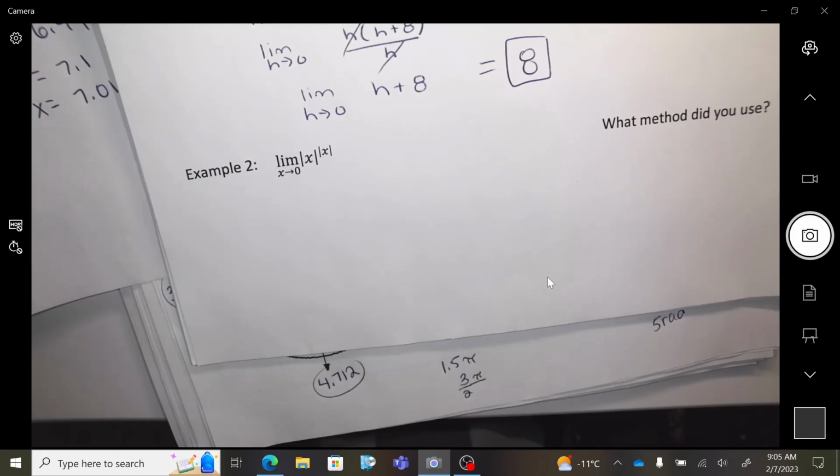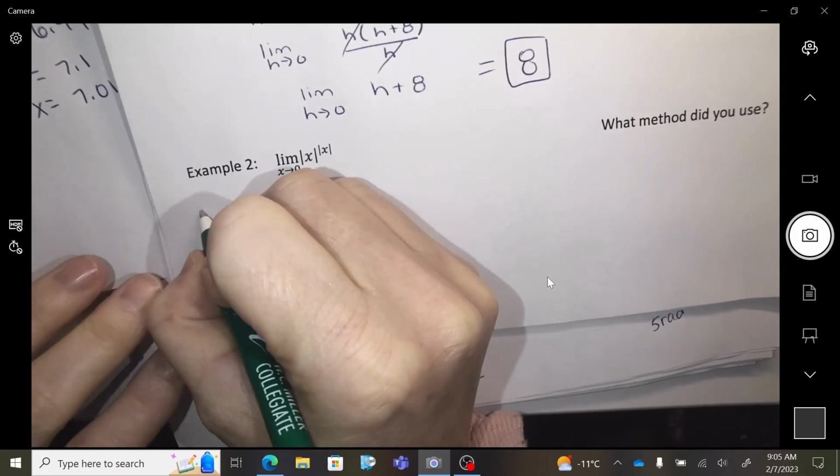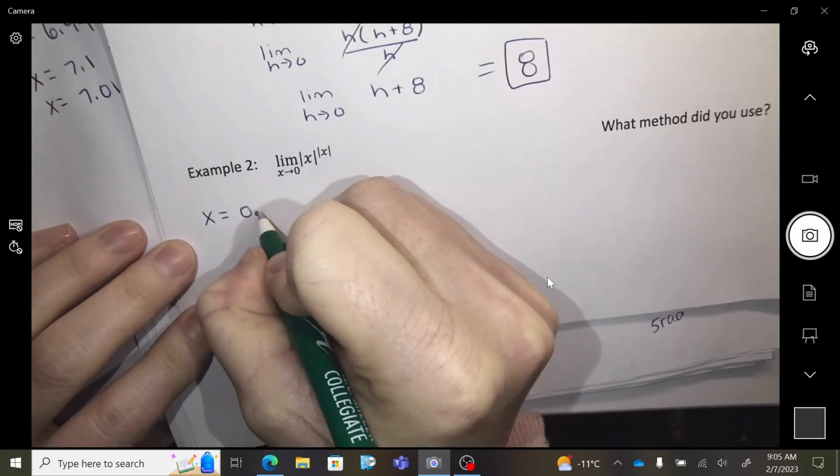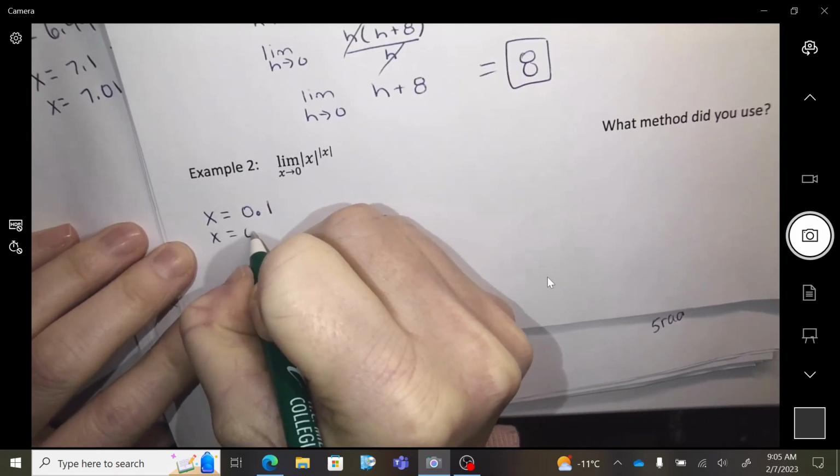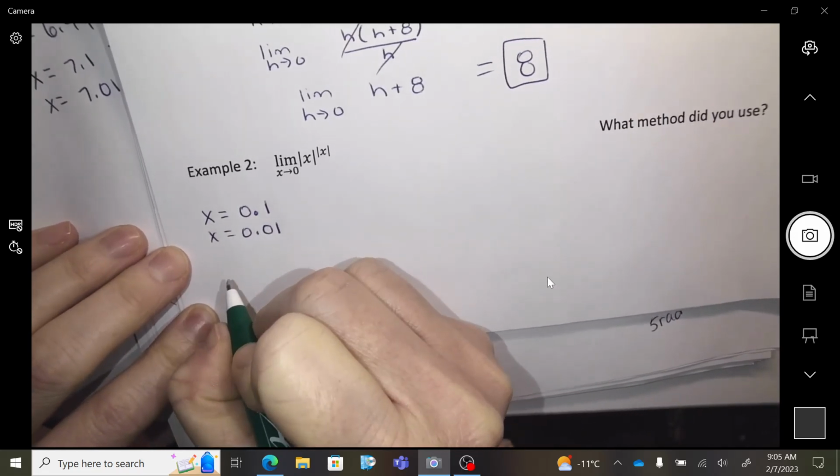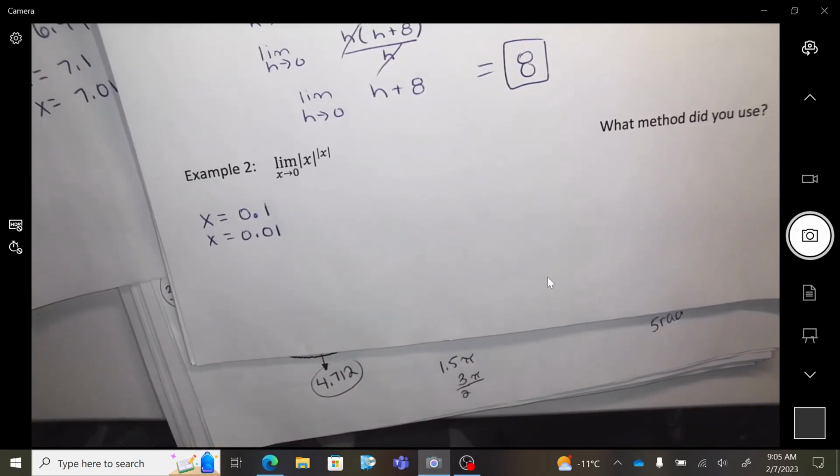Close values. Okay, so I'm going to use these x values, 0.1, 0.01. Okay, because I'm getting closer and closer to 0, but I actually have to also get closer and closer to 0 from the other side of the number line.